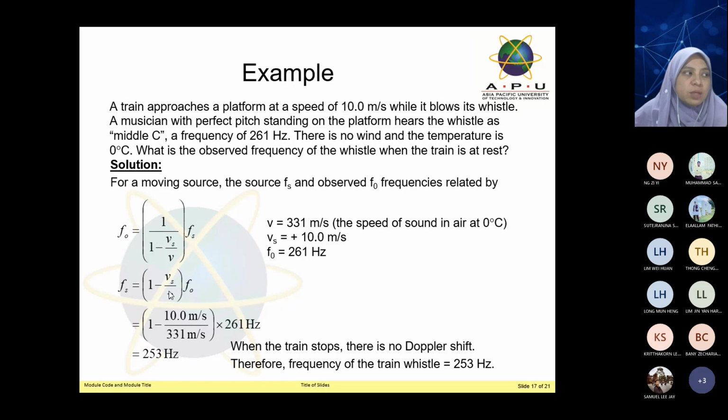So 1 minus Vs per V times Fo becomes Fs. What happened to the 1? No need to write. 1 times Fs is Fs. Then substitute the value. Vs is 10, V is 331, times 261 Hz. So you get 253 Hz.